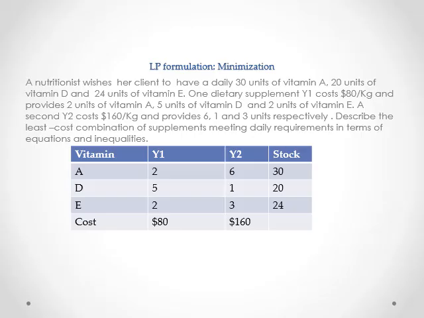One constraint for vitamin A, another constraint for vitamin D, and the third constraint for vitamin E. The last part of the components of LP is the non-negativity condition: y1, y2 more or equal 0.